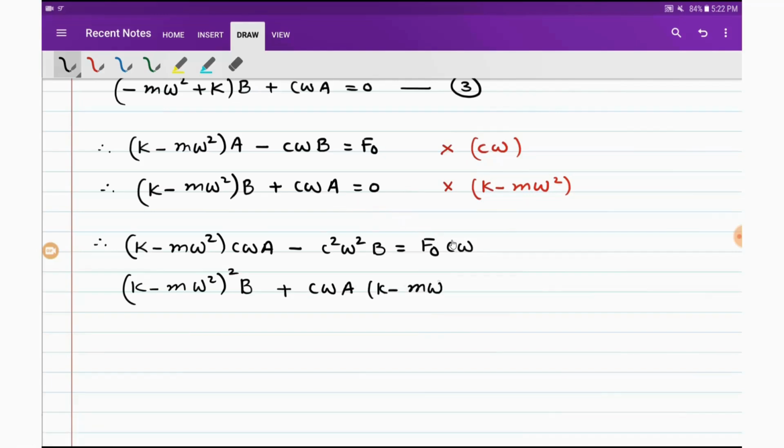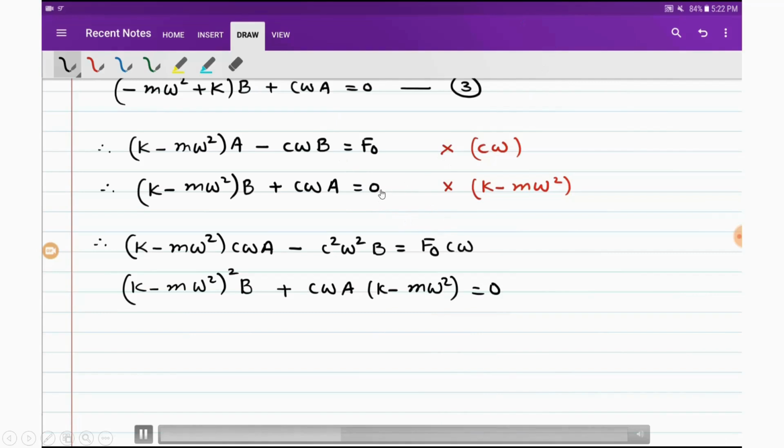And that is equal to 0 multiplied by this same term. So we can cancel out these terms if we subtract this equation. Then this plus will become minus, this plus will also become minus, and here this plus 0 will become minus 0.